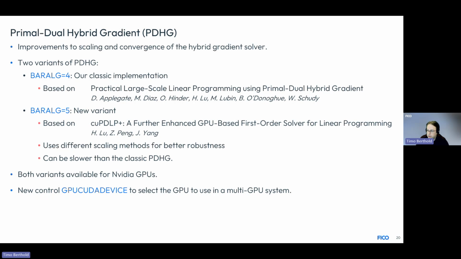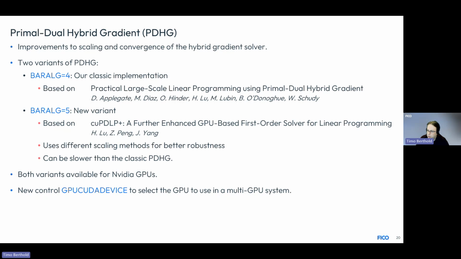So in Xpress 9.8, we introduced a GPU version of PDHG, and it showed some very nice speedups over the CPU version, something like a factor of 50 on some instances, and typically a factor of 5 on most of the huge instances. So there are really some improvements to be gained if you are solving a large LP and you are doing this on GPU instead of CPU.